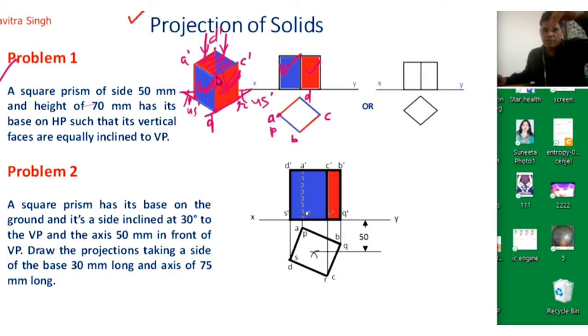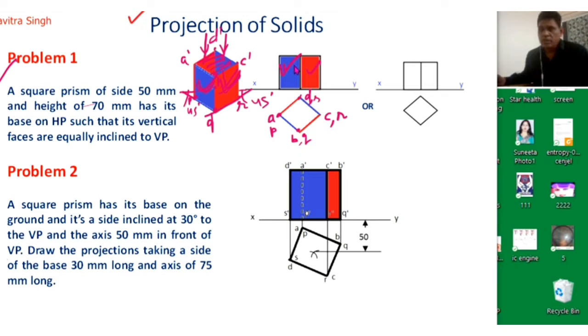Similarly, points B dash and Q dash will be projected on this point, so this will be B and Q. C dash and R dash will be projected on this point, so this will be C and R. Similarly, D dash and S dash will be here, so this will be D and S. So this is the top view and this is the front view.